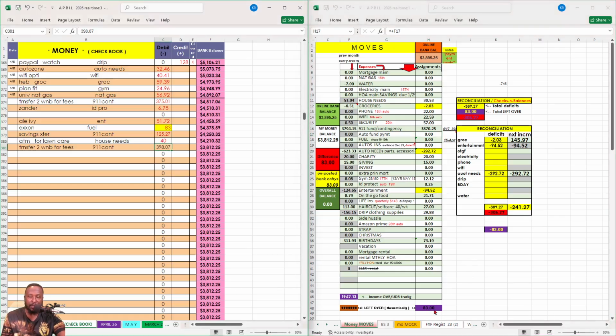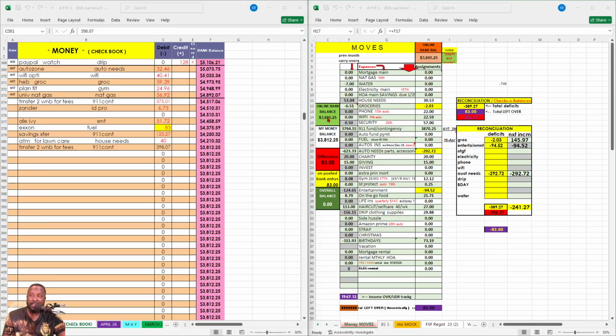I'm $83 off. That's what's theoretically left over. And that 83 is also the amount that's the difference between my bank balance and the checkbook balance over here. And the reason is because that particular $83 hasn't gone through the online banking system yet.